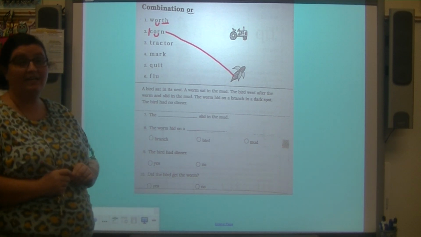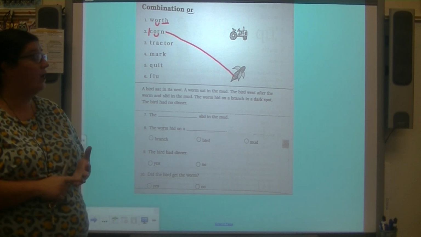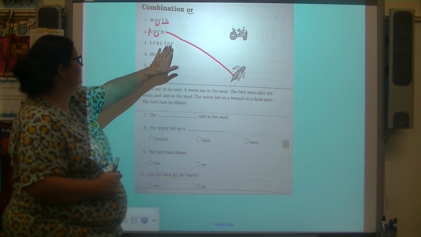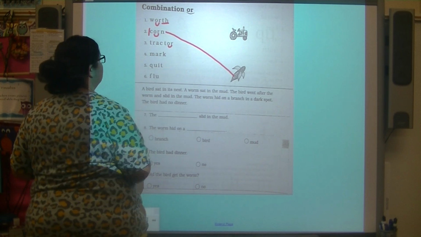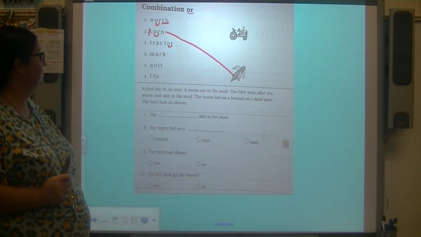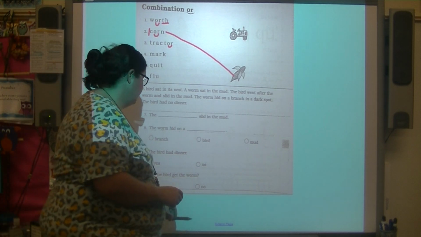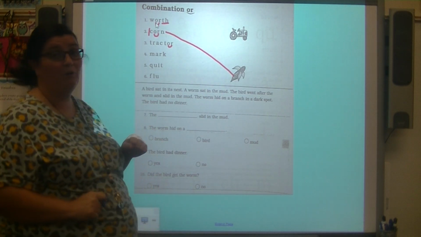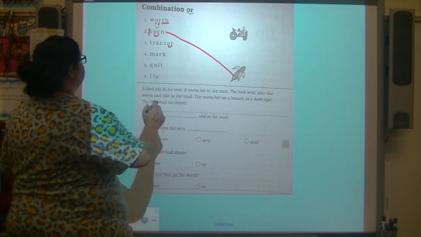Number 3, do we have any digraphs or combinations? We have combination O-R. Okay, now we look at the vowels. I see more than one vowel, so we know there's more than one syllable.